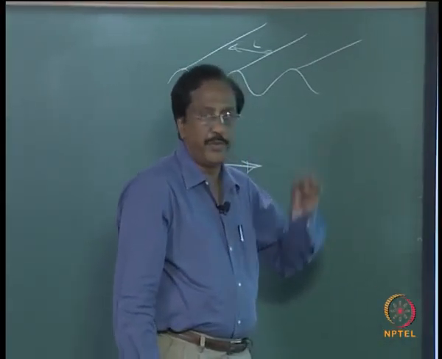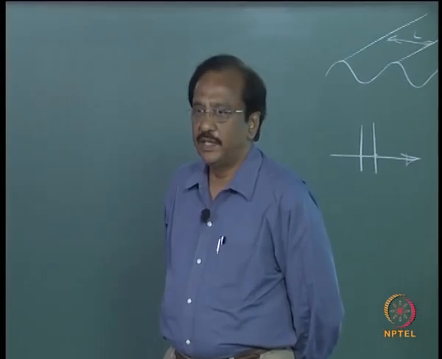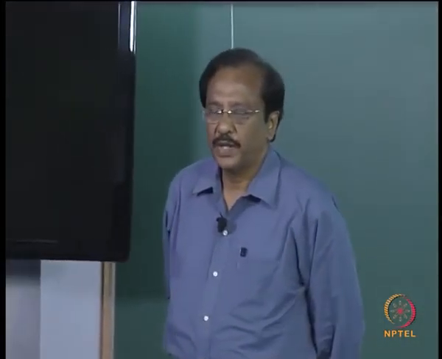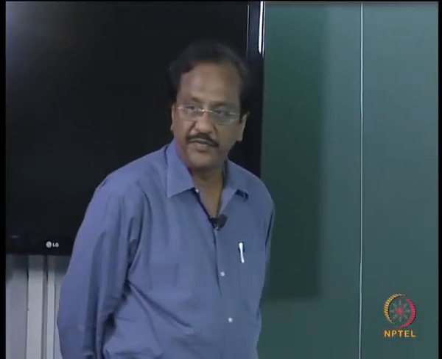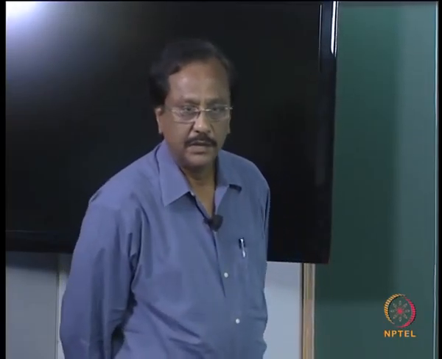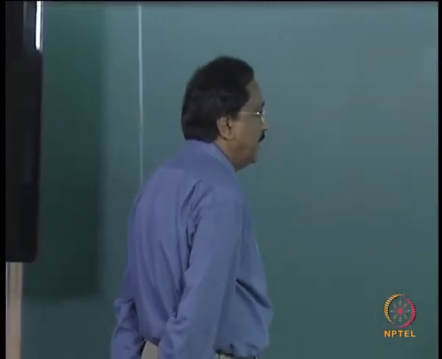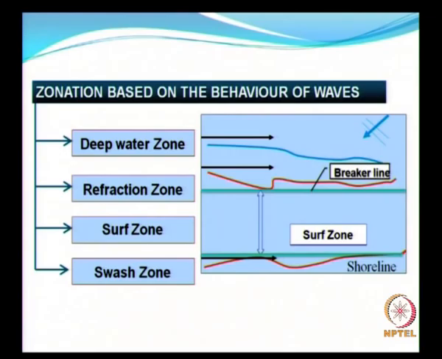The most important phenomenon takes place in the refraction zone. The waves start feeling the bottom as they propagate. The speed becomes a function of water depth, and this phenomenon is extremely important and also controls the stability of the shoreline.